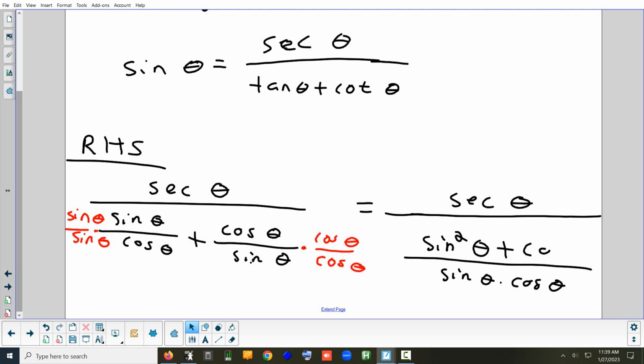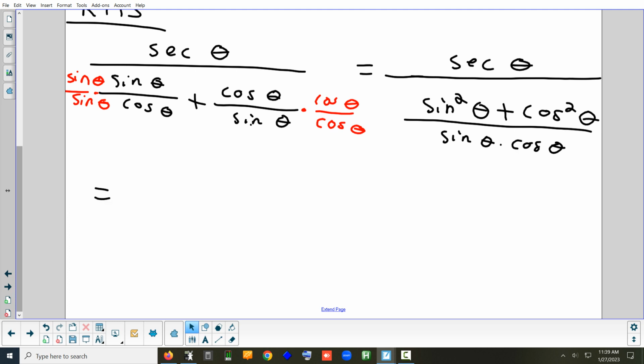Cosine squared. So that's great. So now I have secant. Just think of it like this, secant over 1. Just because when I have a fraction, to me, sometimes it seems weird to have like 3 parts. I'd rather just have a numerator and denominator in the top, and a numerator and denominator in the bottom.